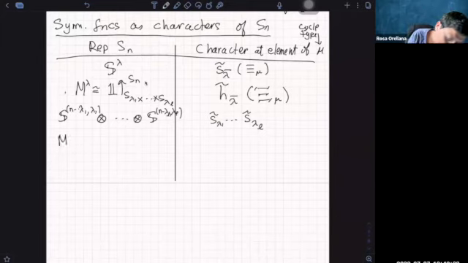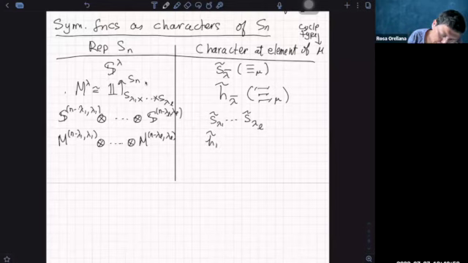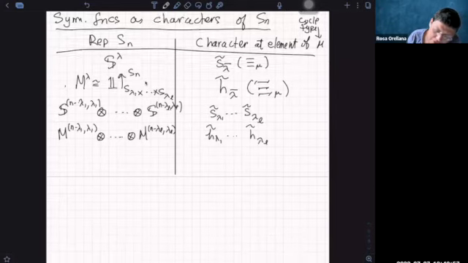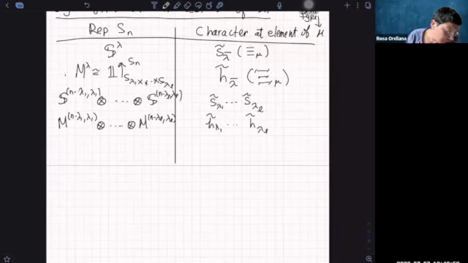And if you do M n minus lambda 1, and you take tensor products of these, then you're going to get H lambda 1 tilde through H lambda L tilde, and this is a new basis of symmetric functions again. And this is what we were after. S lambda is what we are still after.